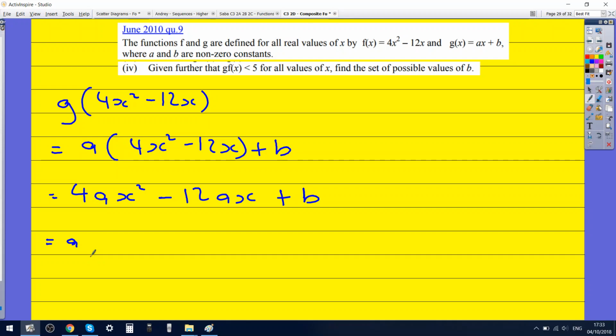What else could you take out? 4. Yep. 4ax bracket x minus 3 plus b.